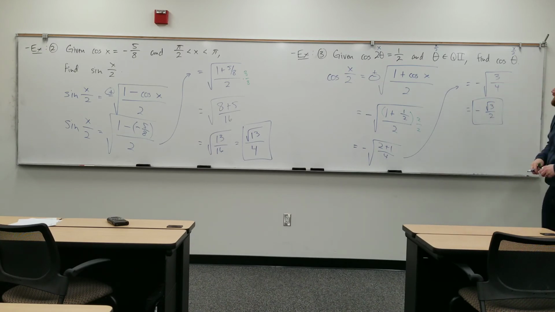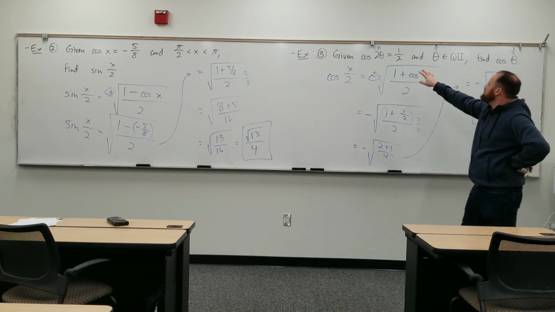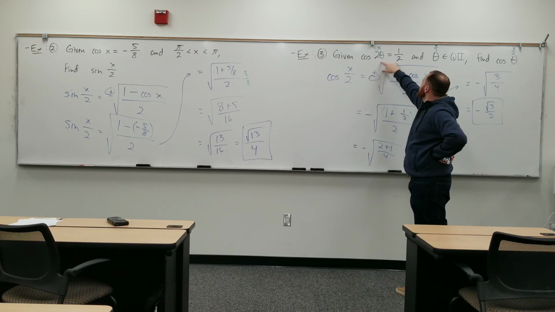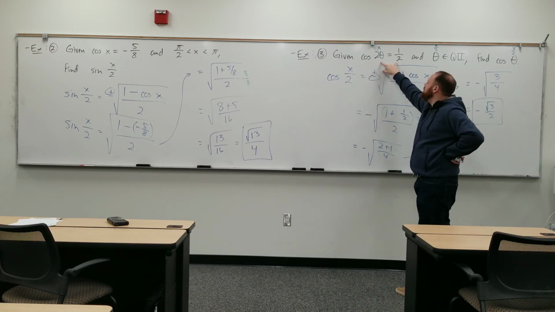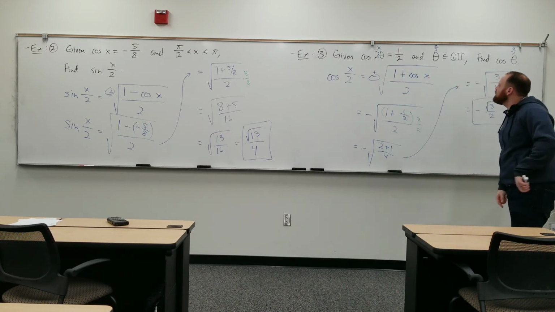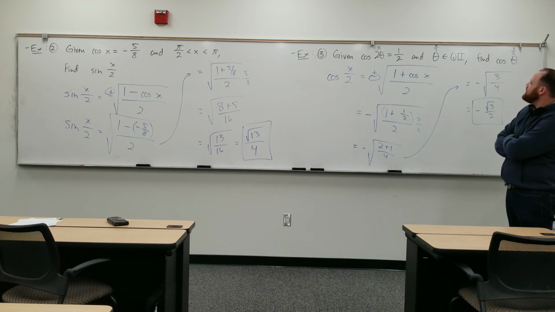Oh, which is a familiar answer. That leads me to believe we should have been able to do this without even using a half angle or a double angle identity. Let's think about this. If cosine 2 theta is 1/2, then in quadrant 1, 2 theta would be 60 degrees.